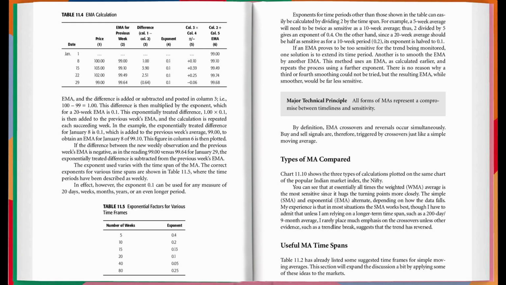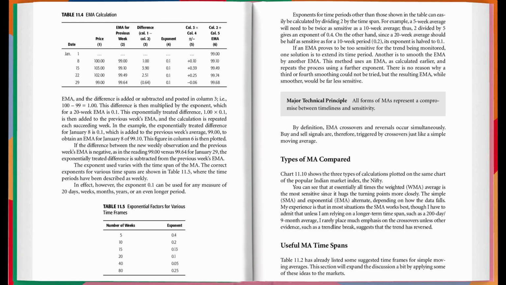Types of MA compared. Chart 11.10 shows the 3 types of calculations plotted on the same chart of the popular Indian market index, the Nifty. You can see that at essentially all times the weighted WMA average is the most sensitive since it hugs the turning points more closely. The simple SMA and exponential EMA alternate, depending on how the data falls.